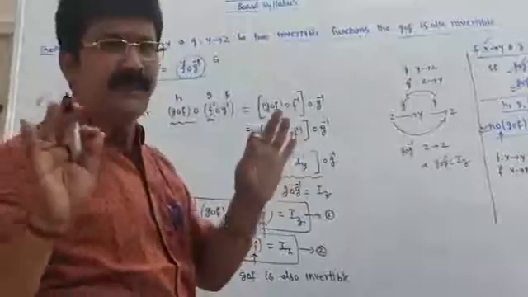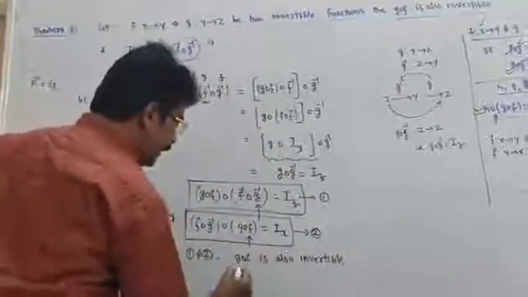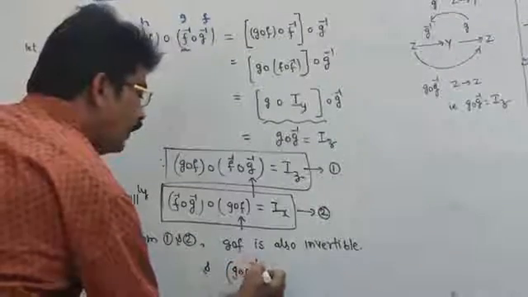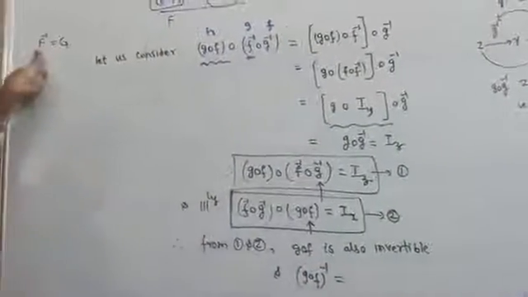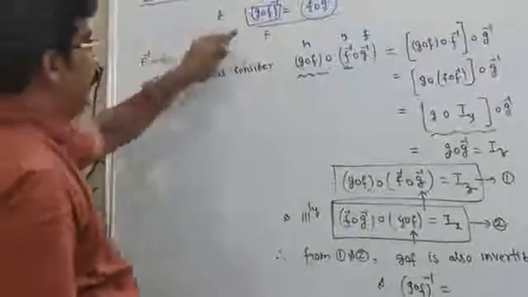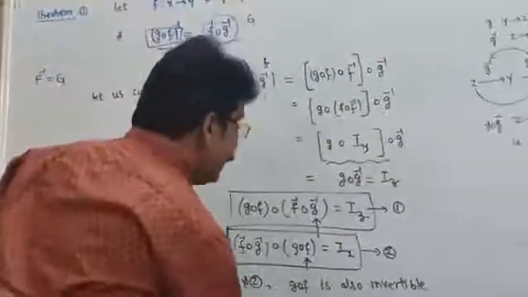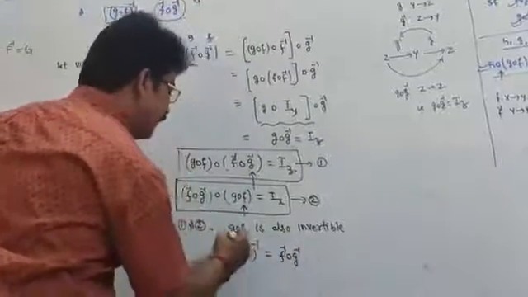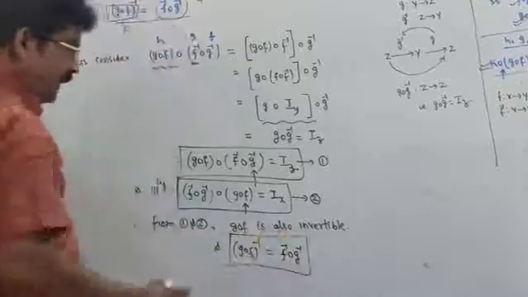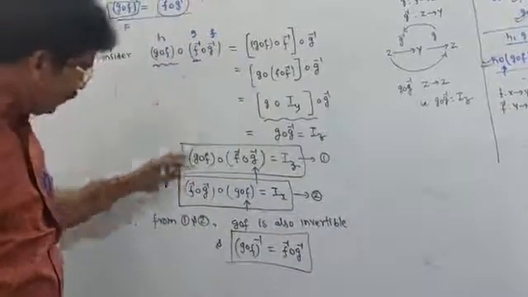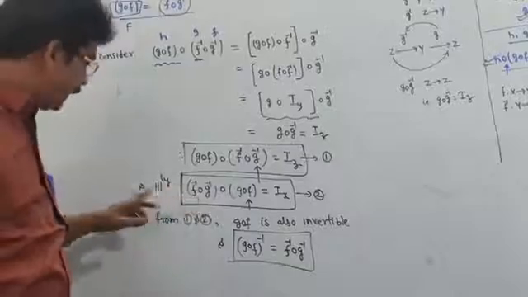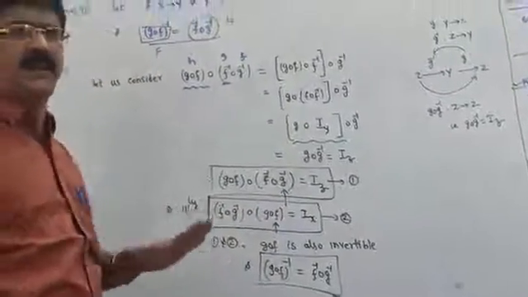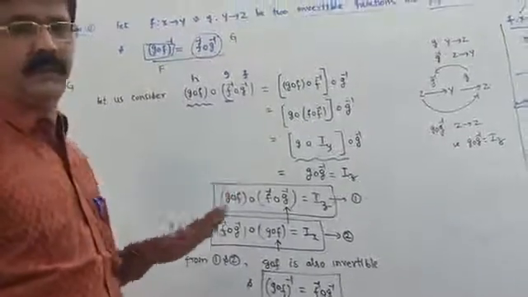That is the complete meaning. Invertible. And G circle F whole inverse means just like that: F inverse equal to G, G means F inverse circle G inverse. So in the examination hall, you need not prove the second statement. You can write directly, similarly, so and so. Understand? This is an important theorem for board level.